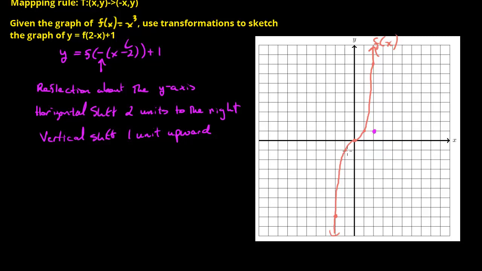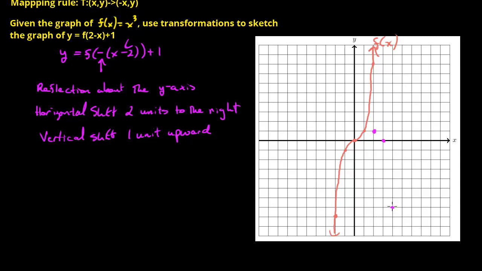Let's look at where this point maps to. First, we have to reflect it about the y-axis. If I reflect it about the y-axis, I have this point here. And then I'm going to shift it 2 units to the right, 1 unit upward. So I have a point here. Lastly, I'll reflect this point about the y-axis, shift it 2 units to the right, 1 unit upward.